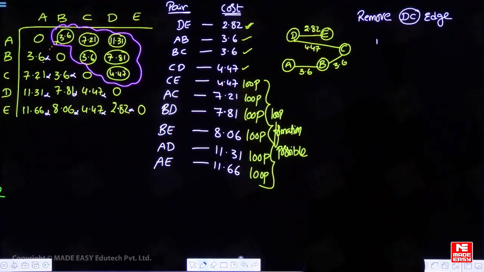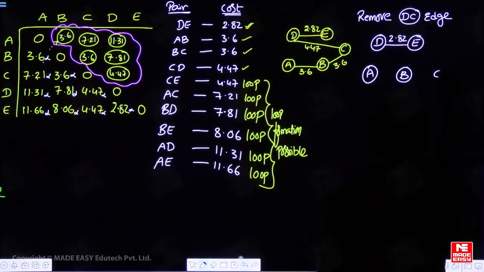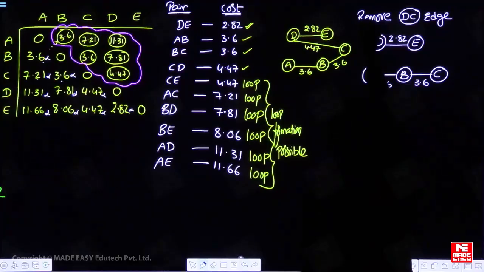Remove DC edge so that D is there, E is there with 2.82, then A, B, C, like this we have. This is 3.6, this is also 3.6. All right. So after that, remove.